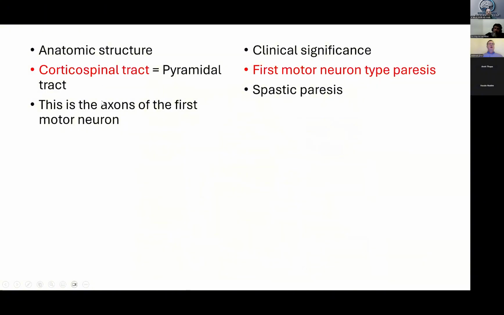So the clinical significance is the first motor neuron type of paresis. Actually, somebody may not understand the reason if there is a spinal cord compression. There is a first motor neuron type paresis, because with such a compression mostly the corticospinal tract is affected.